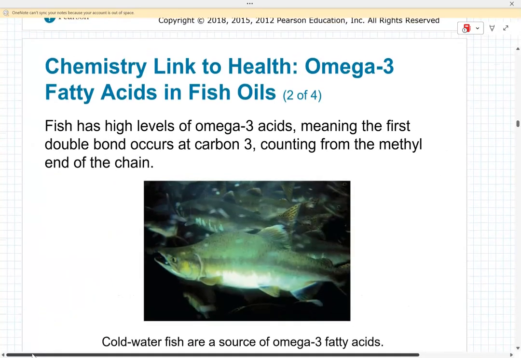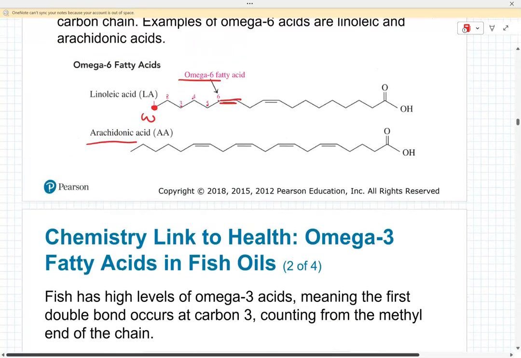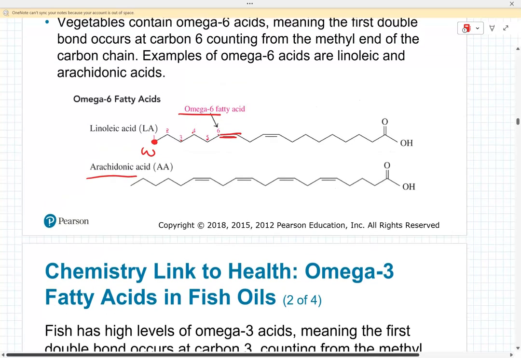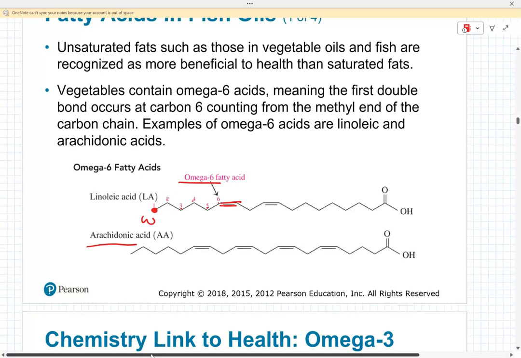So omega-3 fatty acids are found in fatty fish, cod, mostly cold water fish, herring. When I eat traditional Russian pickled herring, I justify it by telling myself that I'm consuming omega-3 fatty acids. Omega-6 you can get from plant oils.